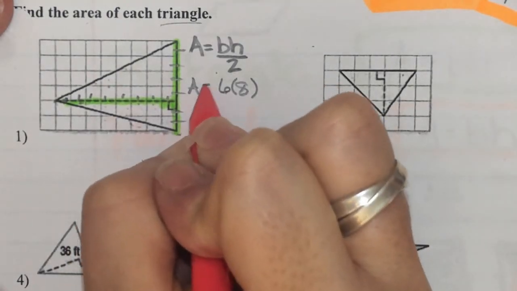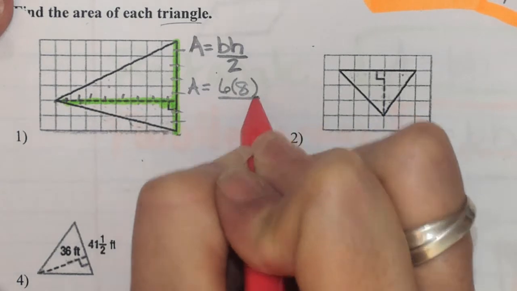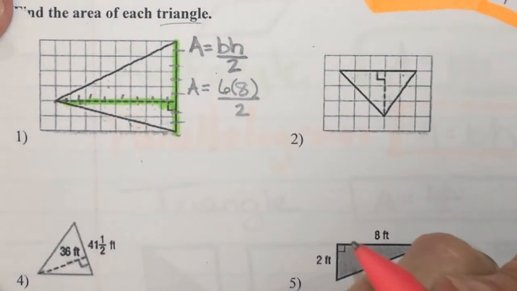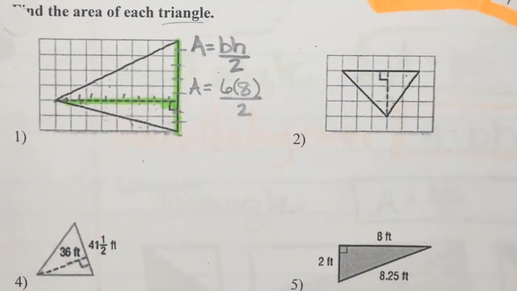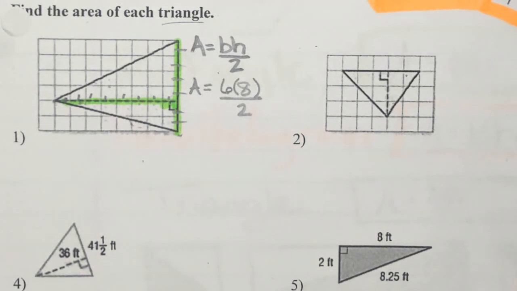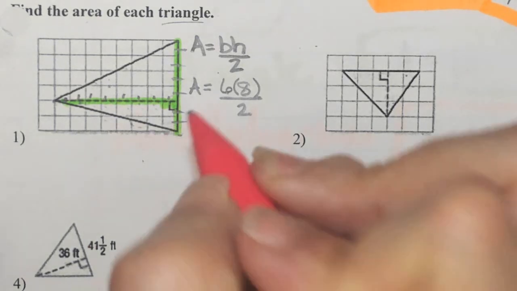But the formula for a triangle always has divided by 2. So what you're seeing is what we call a two-step equation. Here's a hint as you go into Algebra World: you always do what's on top first. So start out with the 6 times the 8, which is 48.